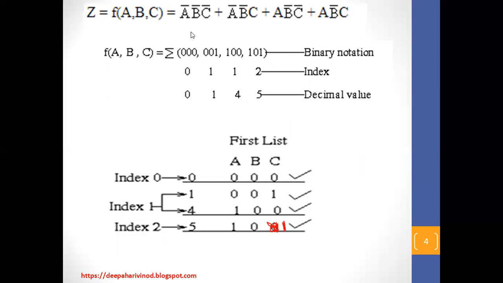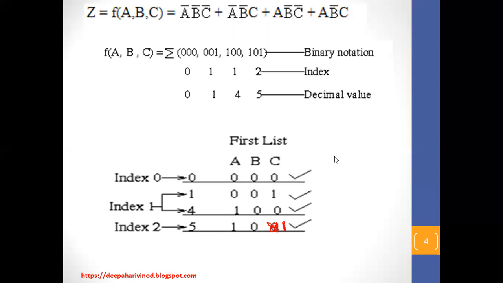For example, the given problem is Z equal to a function of A, B, C: A bar B C plus A B C plus A bar B bar C bar plus A bar B bar C plus A B bar C bar plus A B bar C. That is the question.